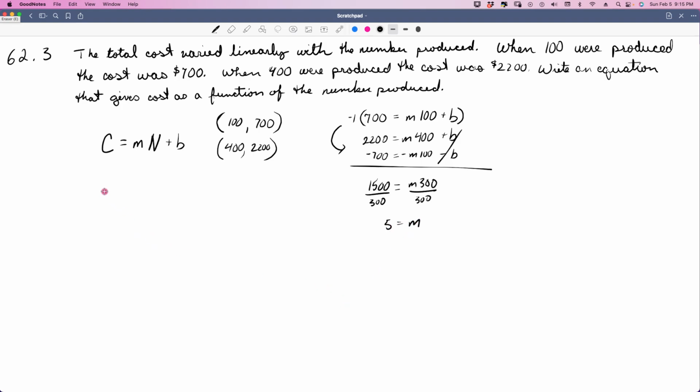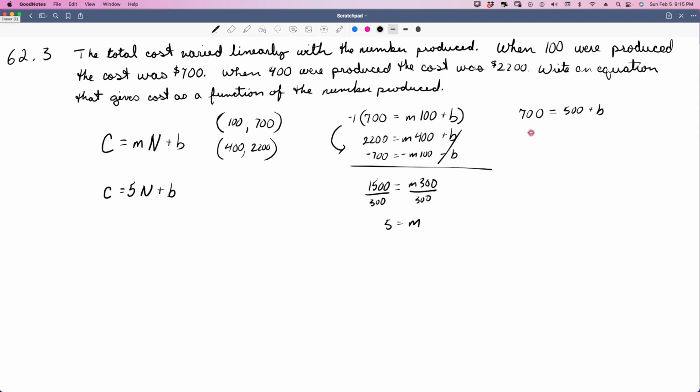That's my slope. So I can go ahead and say C is equal to 5N plus B. So now all I have to do is go back to my original problem up here. 700 equals, I can put in my slope value, my M value, 5 times 100, which, I mean, I can go ahead and do that in my head. 500 plus b.